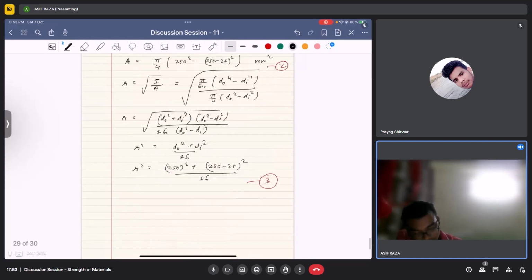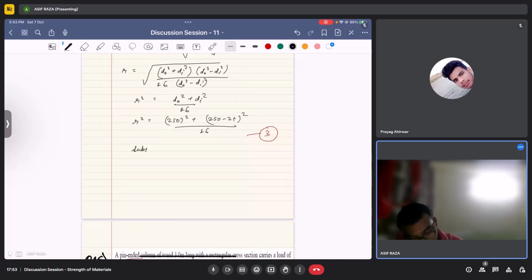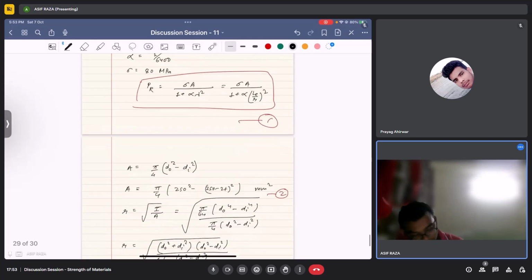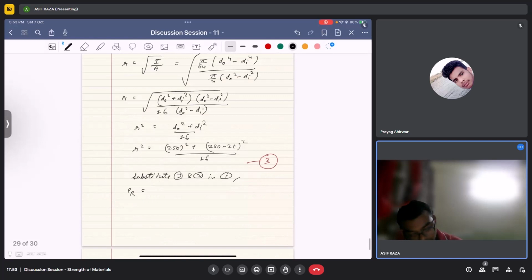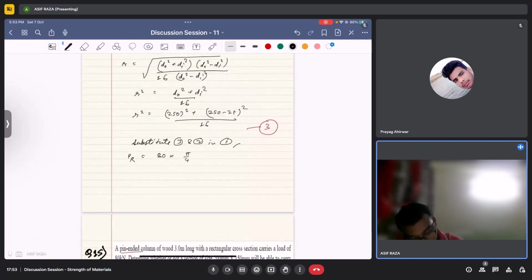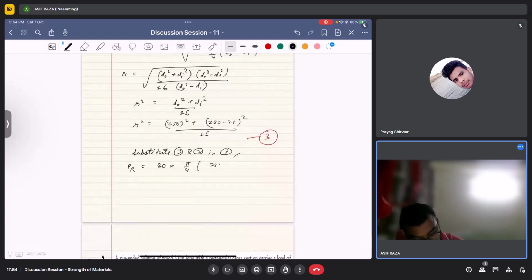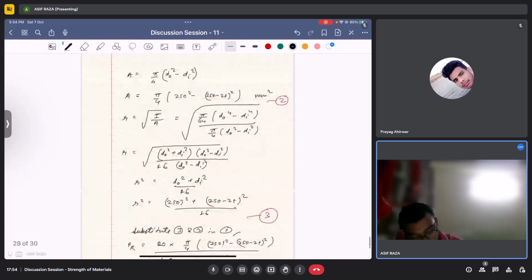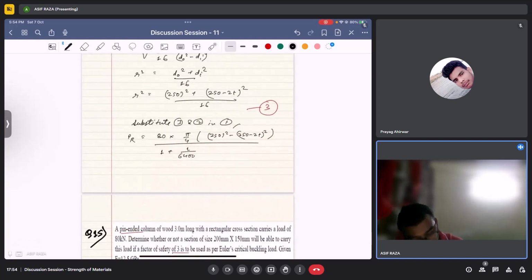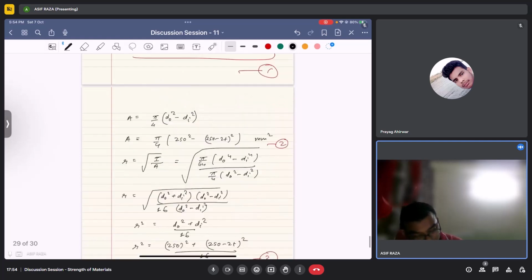Let us substitute 3 in 1. PR is equal to sigma, which is 80, by 4, times 250 square minus 250 minus 2t square, divided by 1 plus alpha, which is 1 upon 6400 times Le square by R square, right?